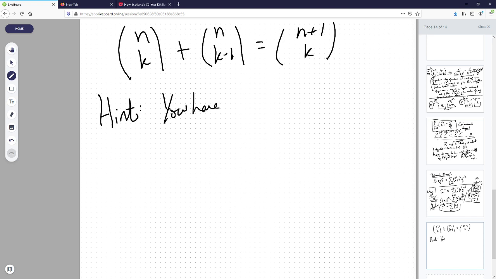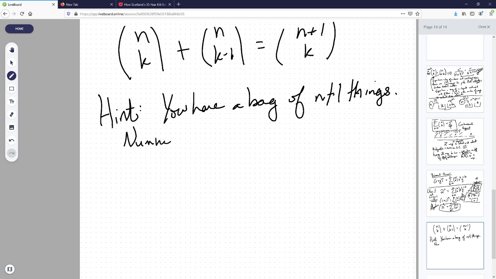You have a bag of n plus 1 things. So we're going to number them 1 up to n plus 1. Now, you have two choices.